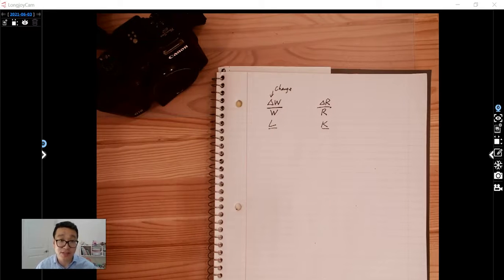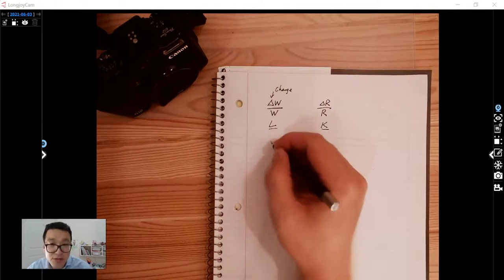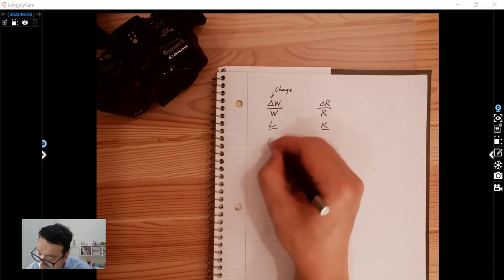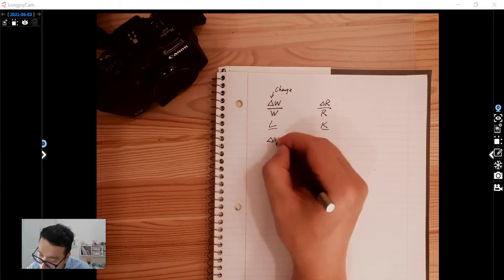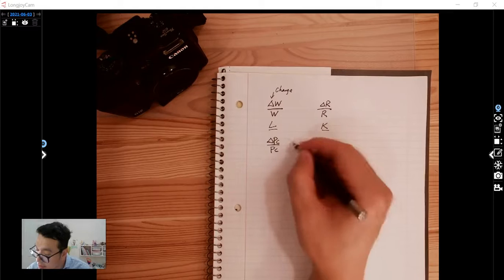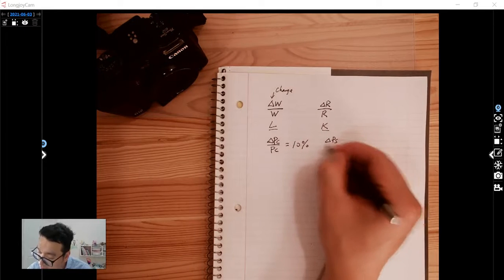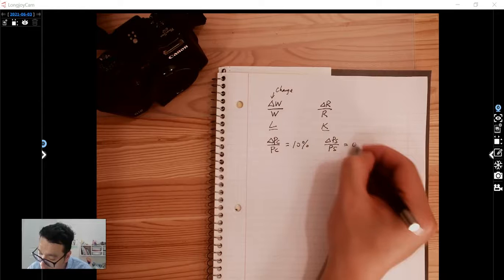we need to take a look at the question itself and think about all the conditions that we have, and the possible conclusion we can draw. The other thing you should understand that is given is the change in the price of computer. Delta PC over PC increased by 10%, and delta PS over PS, the price of shoes, did not change.